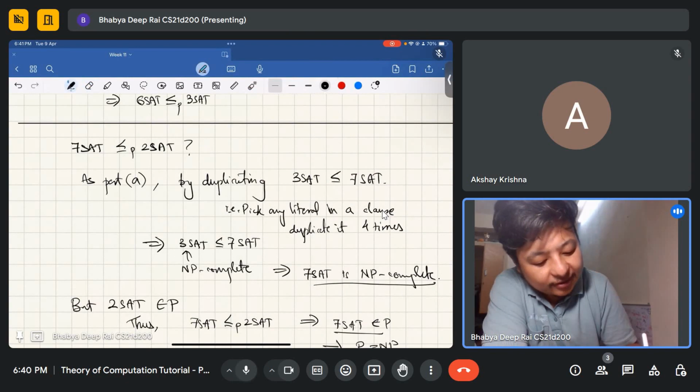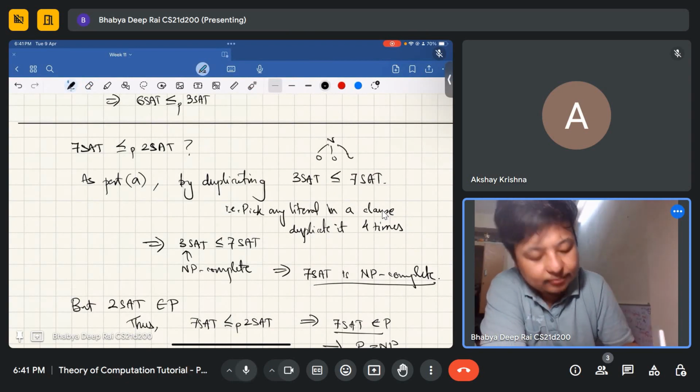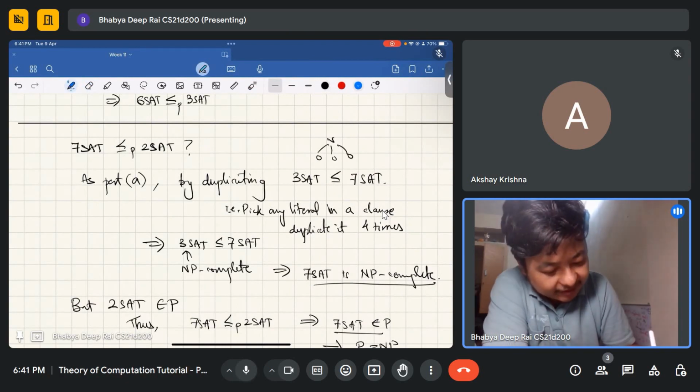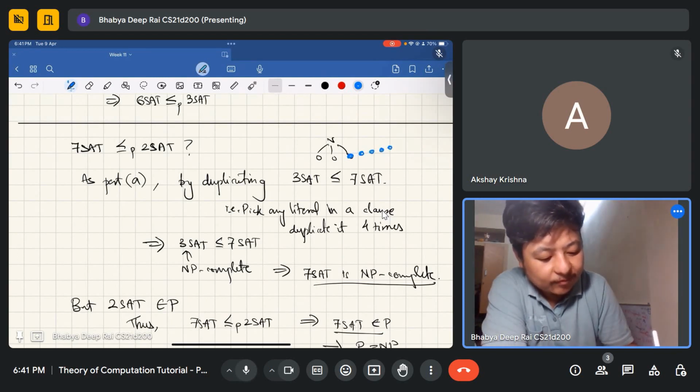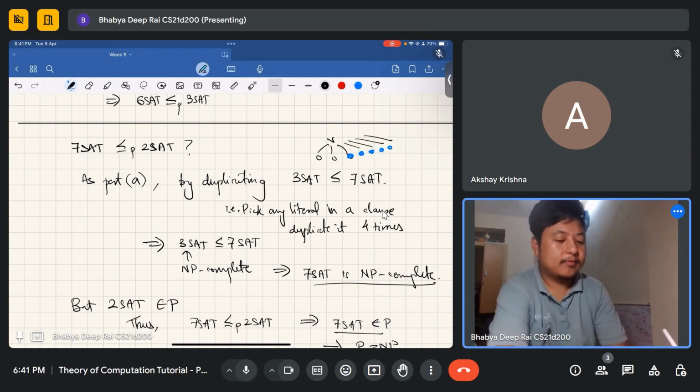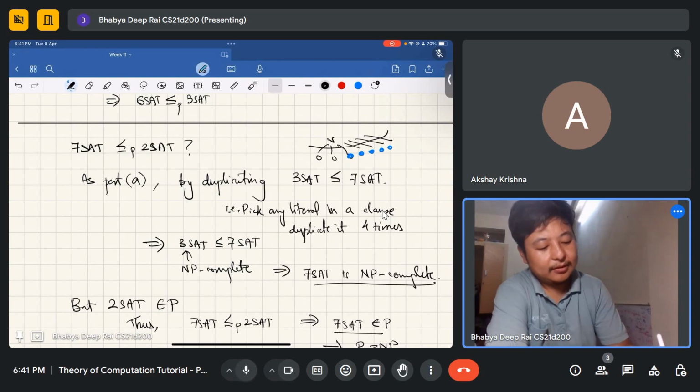Why? In 3-SAT, each clause will look like this, right? We pick any arbitrary literal and duplicate it how many times? 4 times. Now this is 7; initially we had 3.